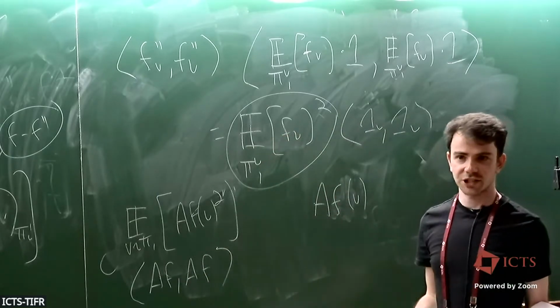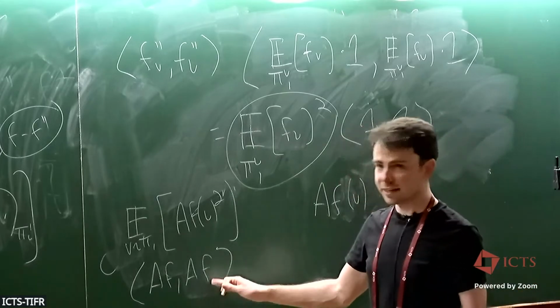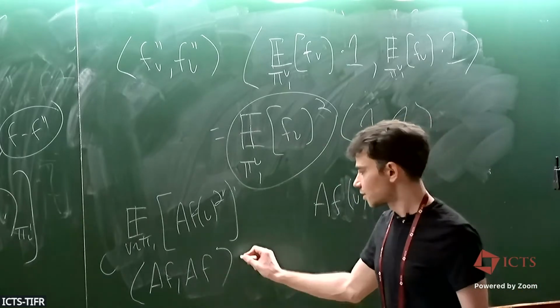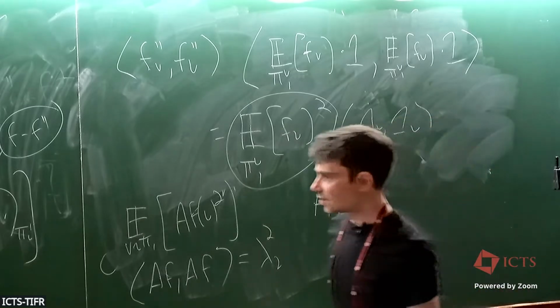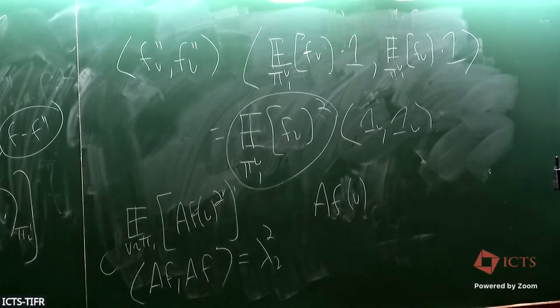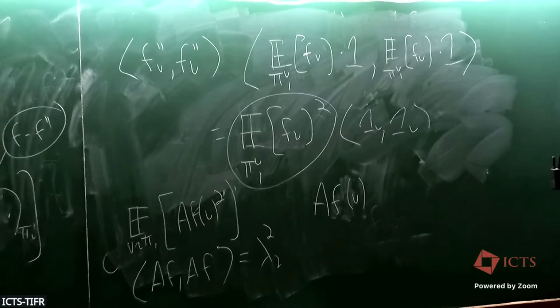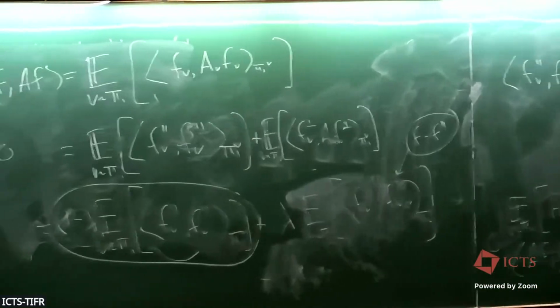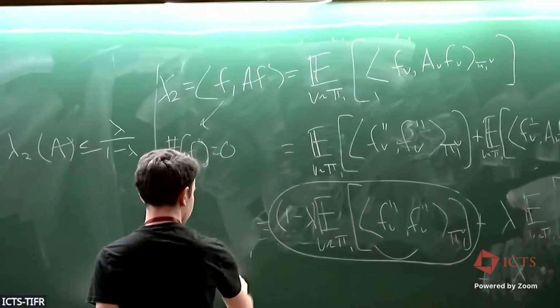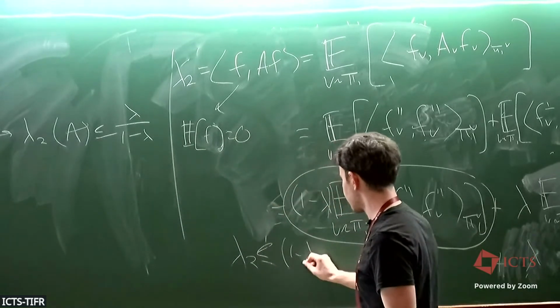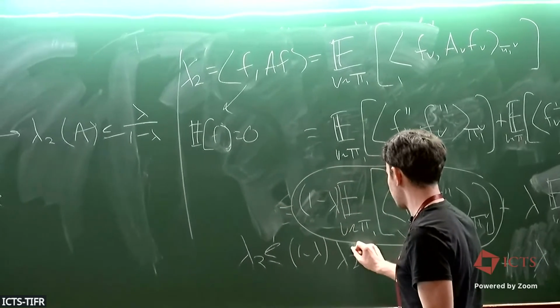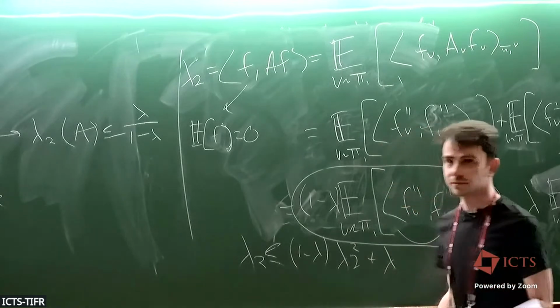This is the definition. But F is the second eigenvector of A, so this is actually just equal to lambda 2 squared. So altogether, AF is lambda 2 F, because F is the second eigenvector. We get this inequality that lambda 2 is less than or equal to (1 minus lambda) times lambda 2 squared plus lambda.